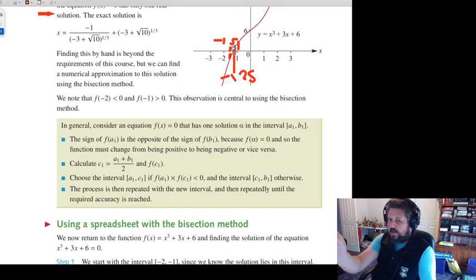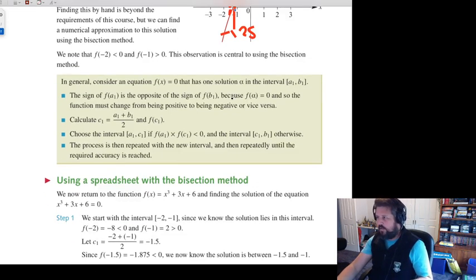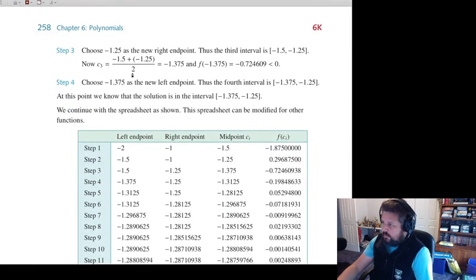So you keep on finding where it's crossing over, and you change the end points. Again, we find the midpoint between negative 1.5 and negative 1.25, and you can see over the page the process continues. Dividing by 2, the midpoint is negative 1.375.